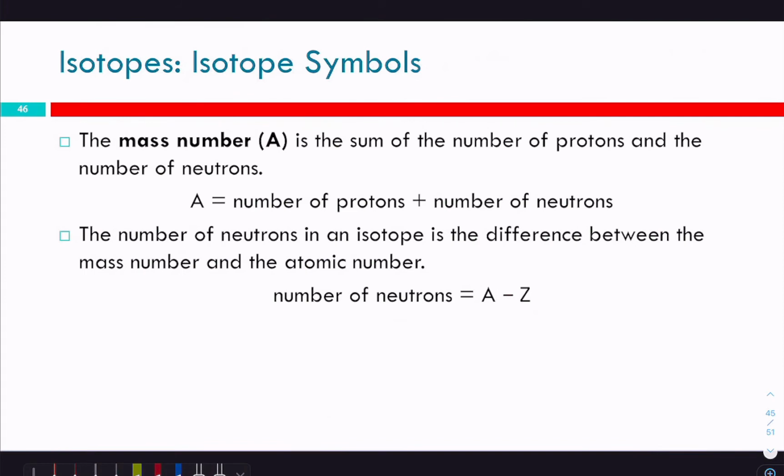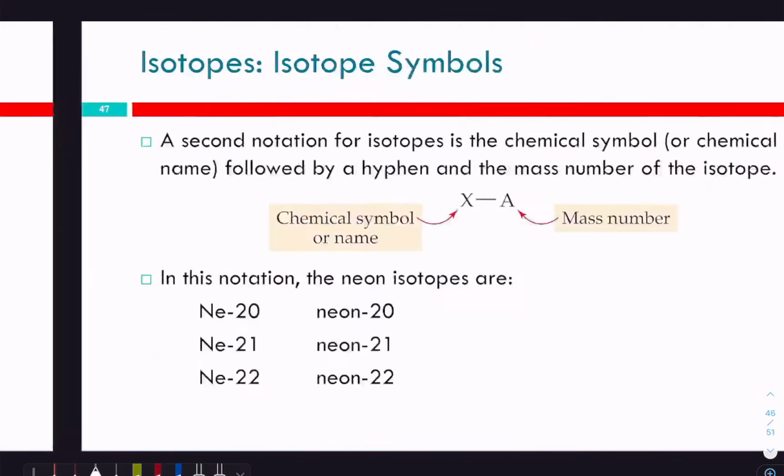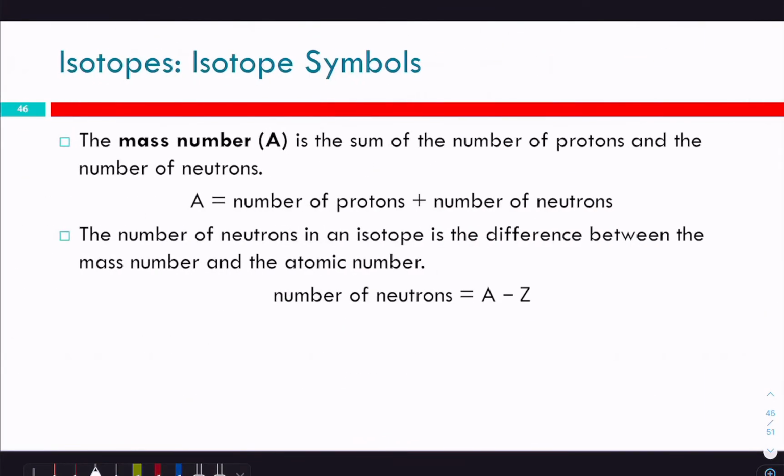And a question that I might ask on an exam, probably in a couple slides, would be something like, how many neutrons does bromine 81 have? You have to look at the periodic table, see bromine has 35 protons.